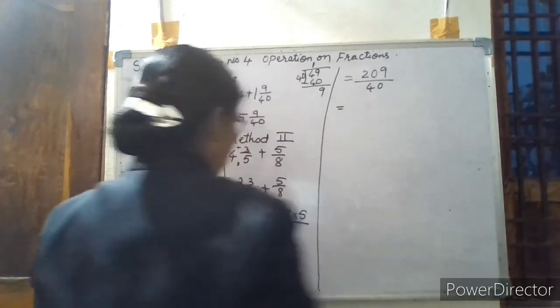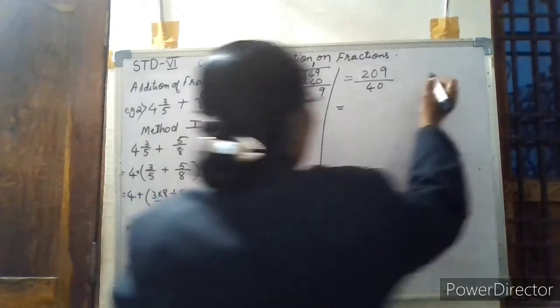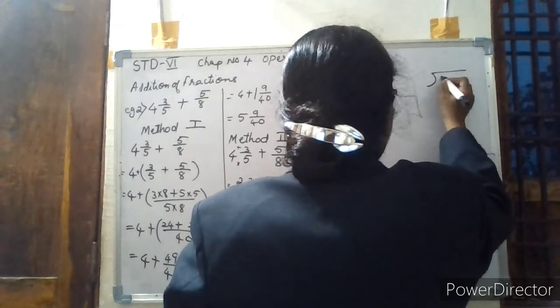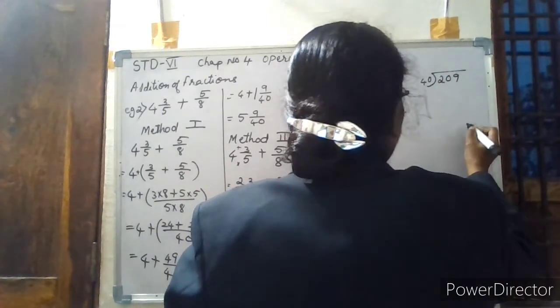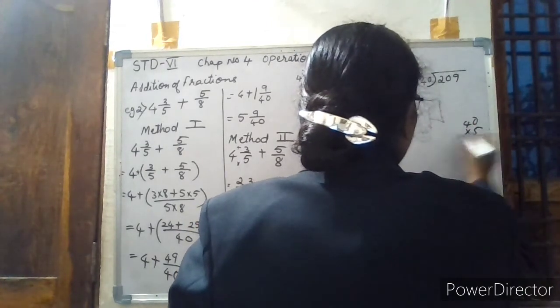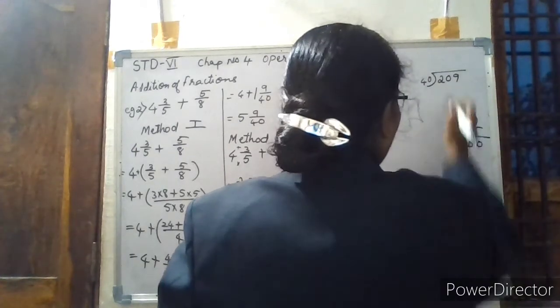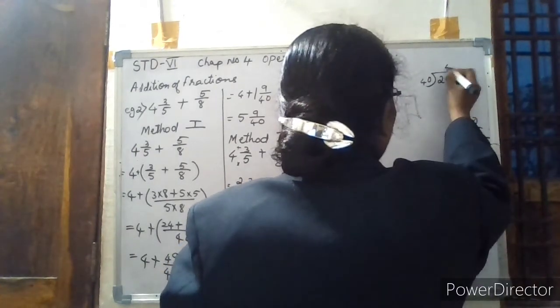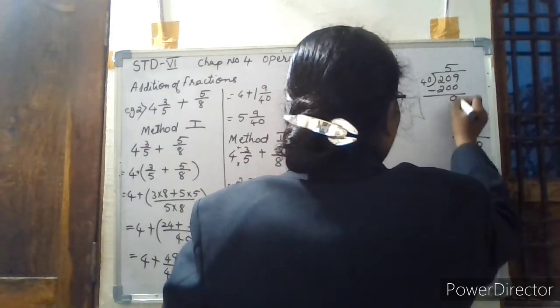This is an improper fraction. Now divide and convert it into a mixed number. So 209 divided by 40. 40 into 5, you do, 5 4s are 20, 200, very near to 209. So 5 is directly 200, subtract, 9 is the remainder here.